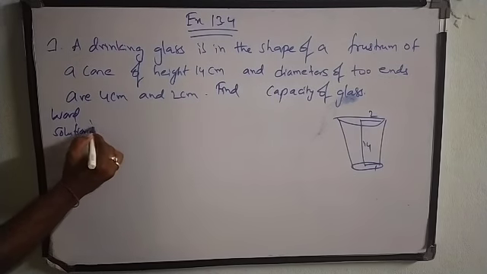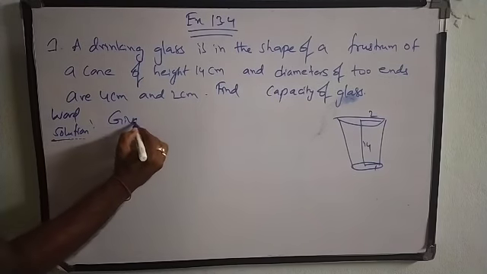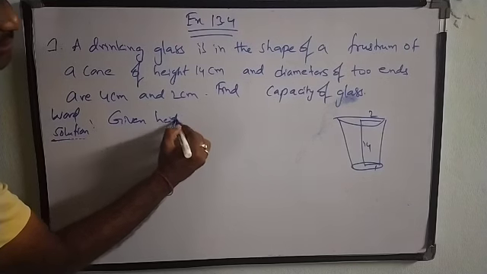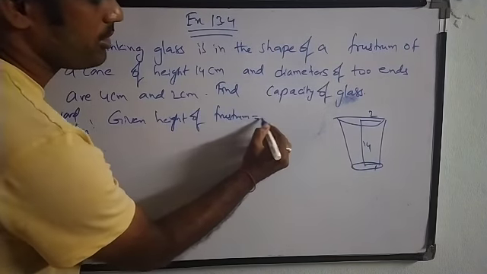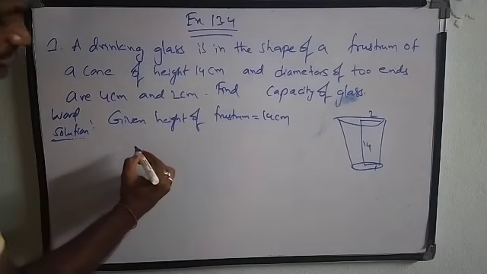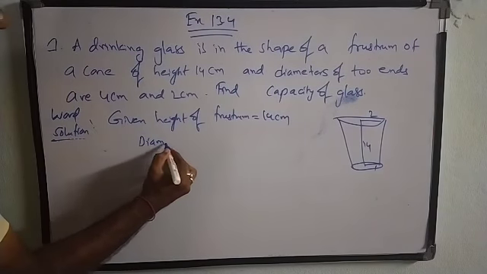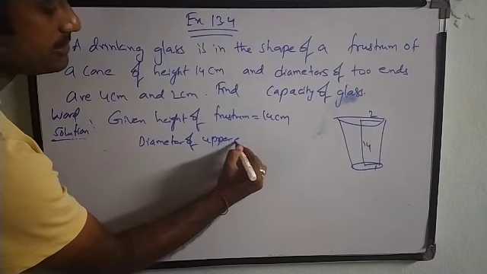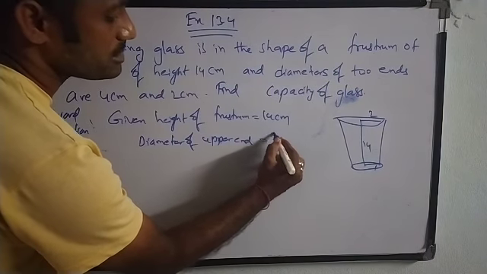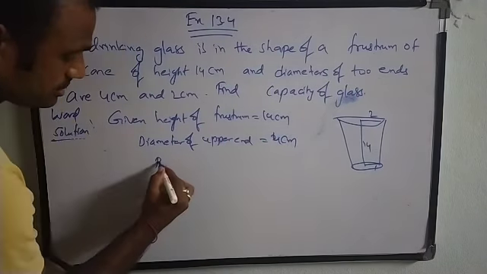Capacity means volume. So given height of frustum, which is 14 centimeter. So diameter of upper end, which is 4 centimeter.